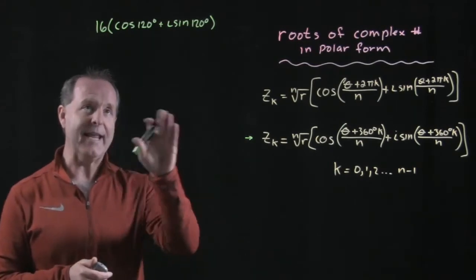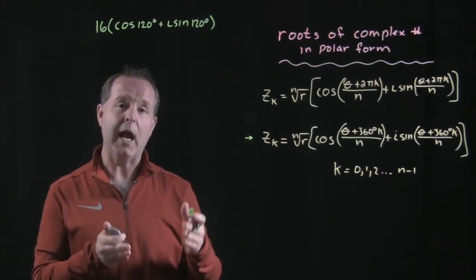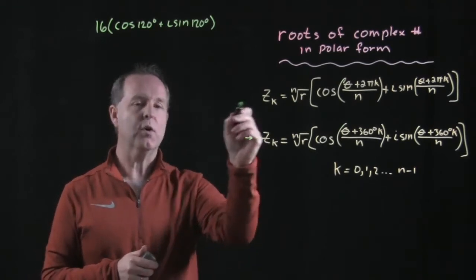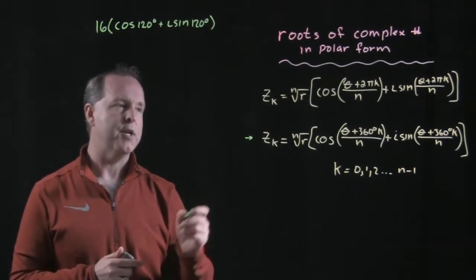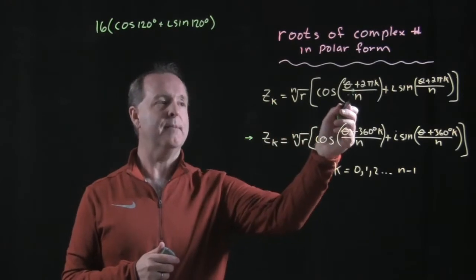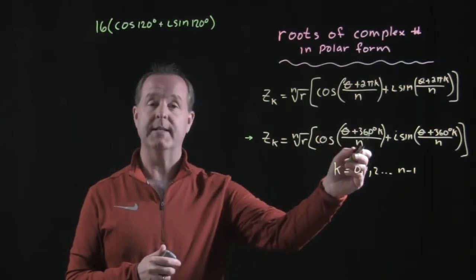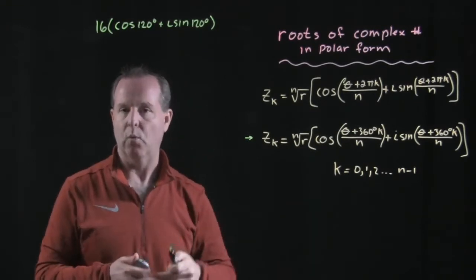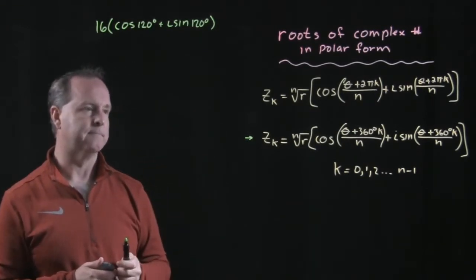So you can look at any complex number and choose how many roots you want to focus in on. The two equations that we can use to do that, notice that they're both similar. One is in radians and one is in degrees, and n represents the root that we want to do.